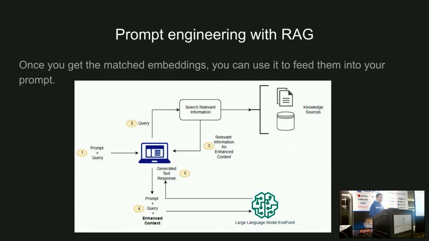Once you use semantic search and have a match between the user's query and the vector database, where the embeddings are stored, you can then do something with the data and push that relevant data back into your prompt. You can add it as extra information in your prompt, or you can use it as few-shot examples.